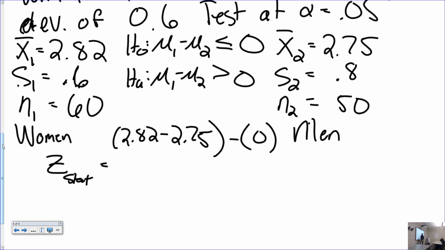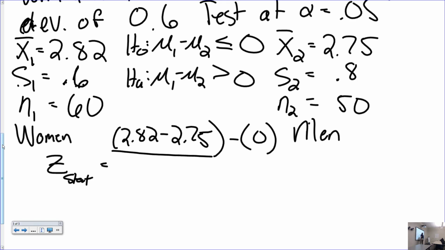Yeah. So whatever the subtraction of your mu's is, folks, that's what you're going to use for mu1 minus mu2. Since all I'm trying to show is that they're greater than or less than or equal to each other, straight up 0. So the difference between the two of them that we're looking for is 0.